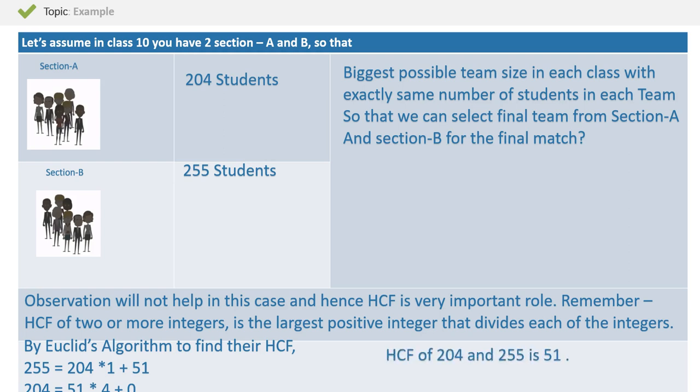Hence the HCF of 204 and 255 is 51, and hence the answer will be that teams of 51 students from each class need to be made.